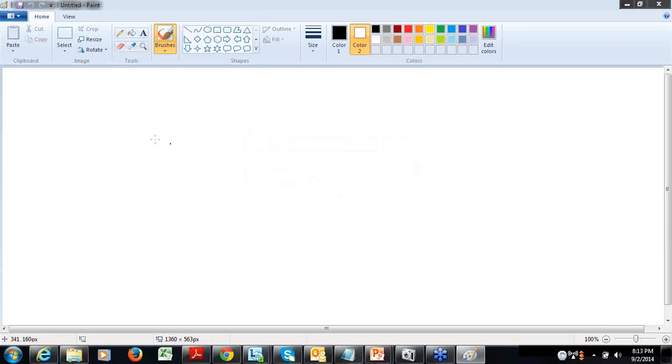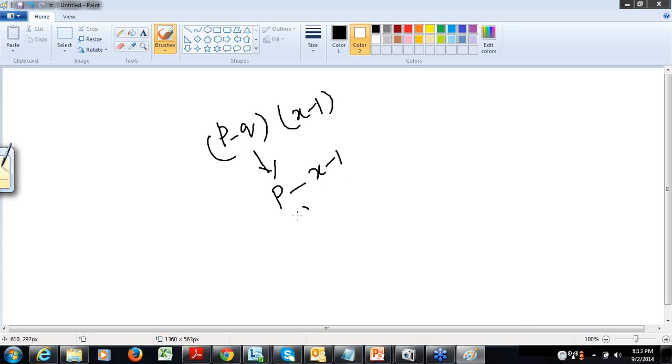See, where were we? (P minus Q) into (X minus 1). Now this will be maximum when P is X minus 1 and Q is 1. So this expression will reduce to (X minus 2) into (X minus 1).